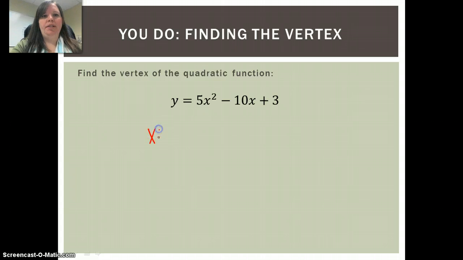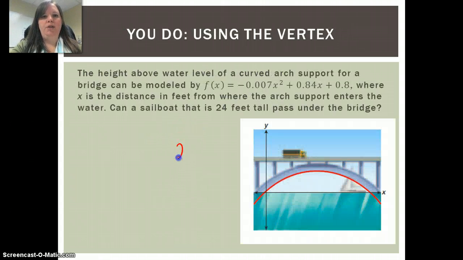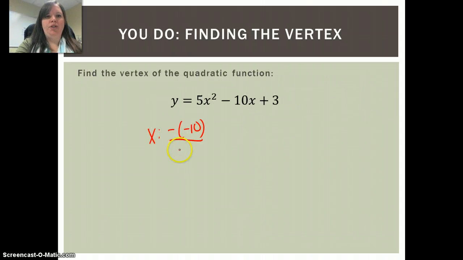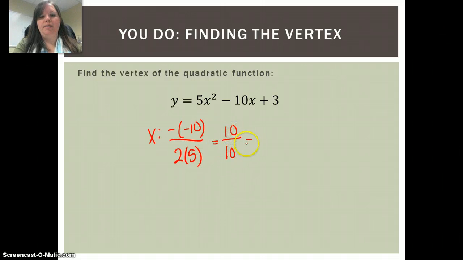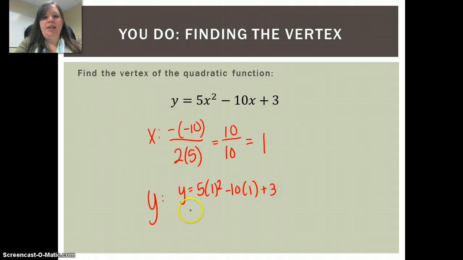So the x coordinate is negative b over 2 times a. So it's negative negative 10, so positive 10 over positive 10, which is 1. To find the y coordinate, plug your x value into the equation. 5 times 1 squared minus 10 times 1 plus 3.